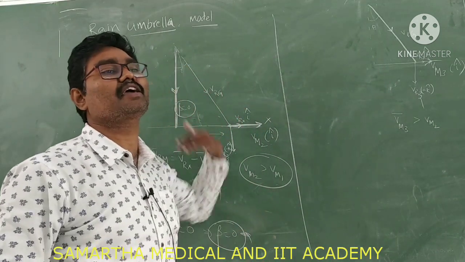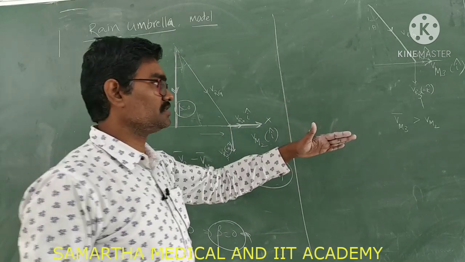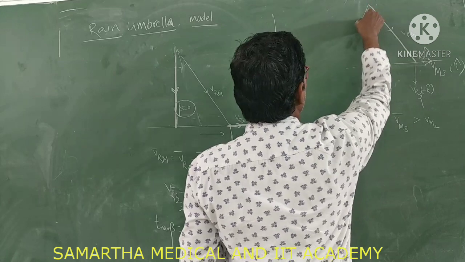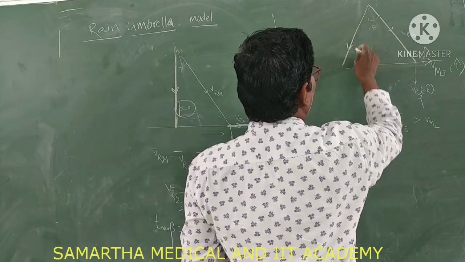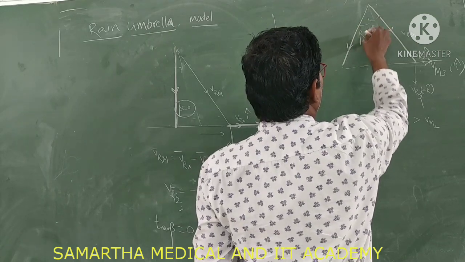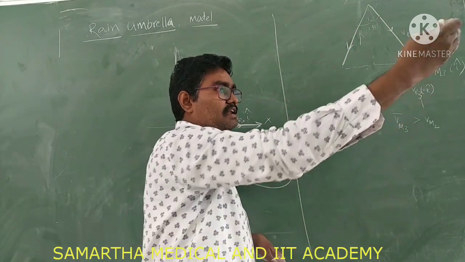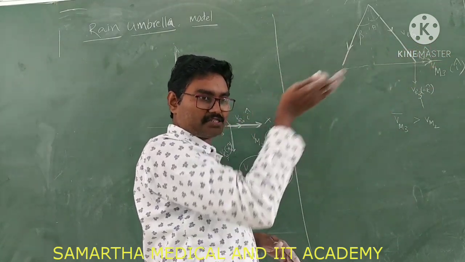Now he has increased his speed still more compared to the previous case. Now what will happen? The resultant will come in this way. The resultant rain will appear to fall in this way. So now beta will be coming on this side of the vertical. Now the rain will hit him with more speed in the opposite direction.